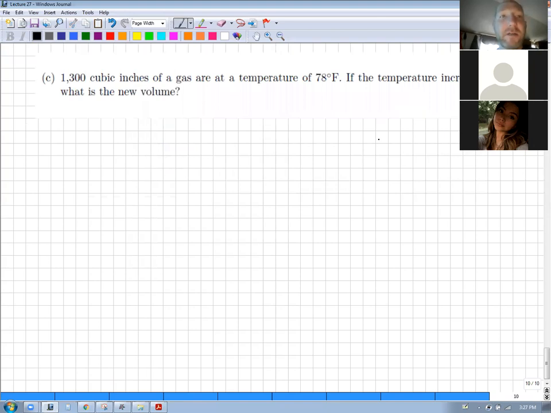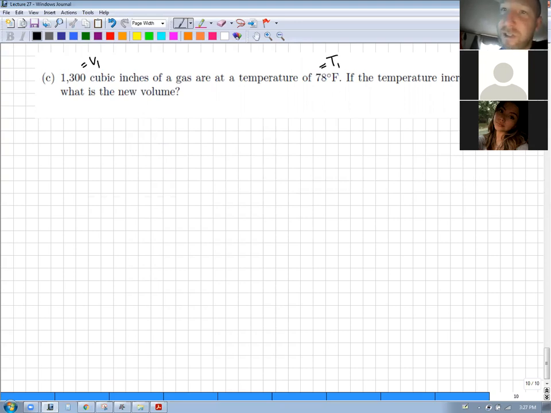So 1,300 cubic inches of a gas are at a temperature of 78 degrees Fahrenheit. If the temperature increases to 90 degrees Fahrenheit, what is the new volume? All right, so this is our initial volume. It's our initial temperature.